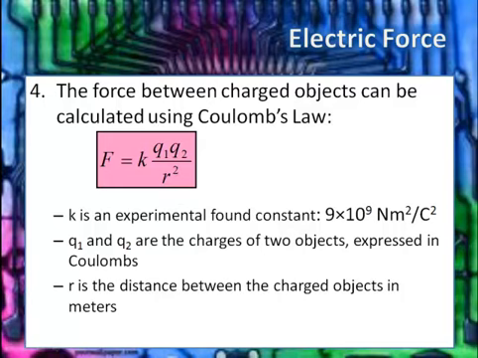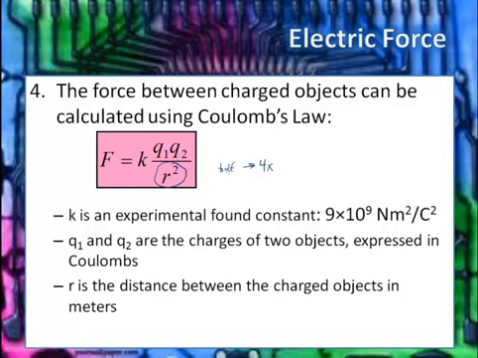So one thing to note is the inverse square principle that's involved here with the distance. What that means is that as objects get closer together, the force that exerts between them will increase. Specifically, if you were to cut the distance in half, so divide by 2, that actually quadruples the force.